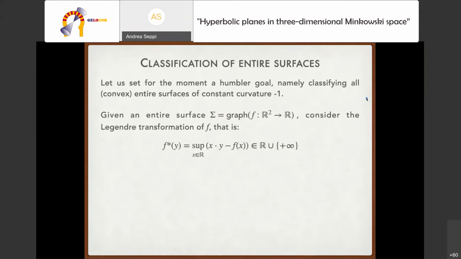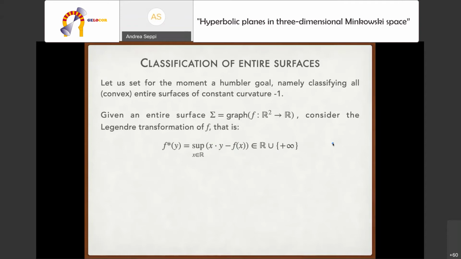To give this classification, I need a classifying object, and this goes through the notion of the Legendre transformation. When you have a convex surface which is an entire graph, you define the Legendre transformation, which is standard in convex analysis, with this formula. It's a real function that can also take the value +infinity because it's a supremum.